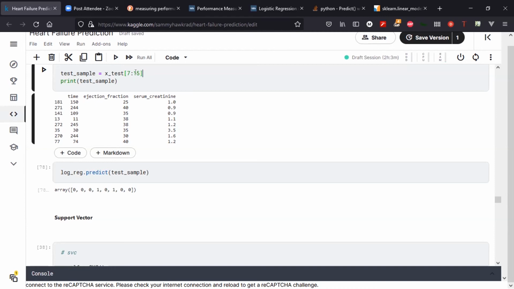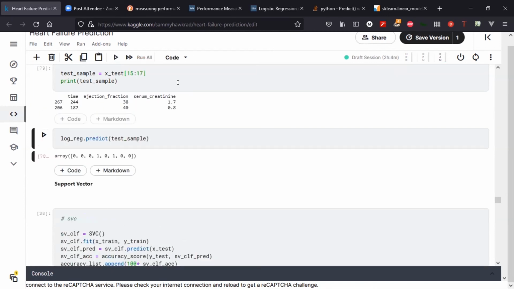We can also try with certain parts of our data, let's say 15 to 17, to just see how it does the prediction. So it's going to predict based on this data.